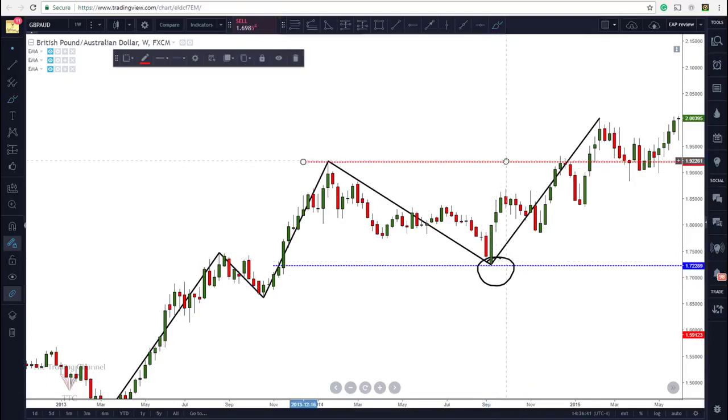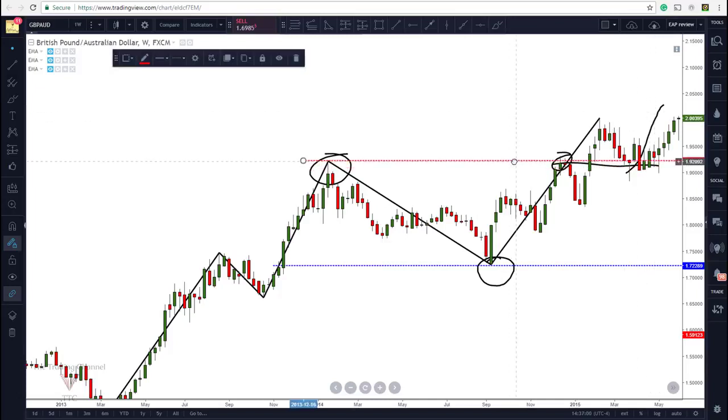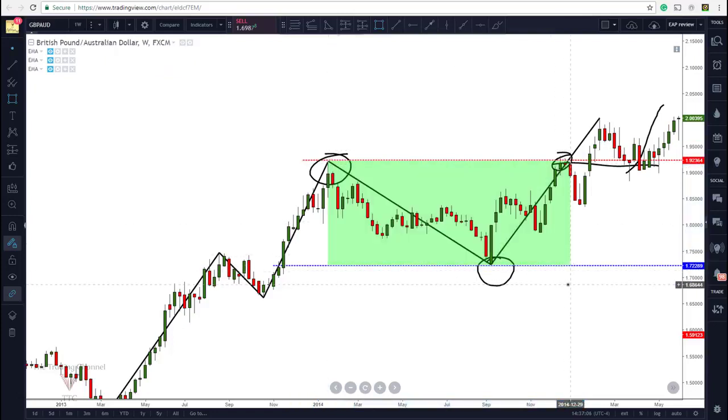Now, some main places that we can expect this market to turn around while in this uptrend are our previous points of resistance, which would be represented by this and this. That's a spot where the market is likely to continue its trend to the upside. Or we could look at other support and resistance levels through this zone as likely zones for the market to continue its trend.